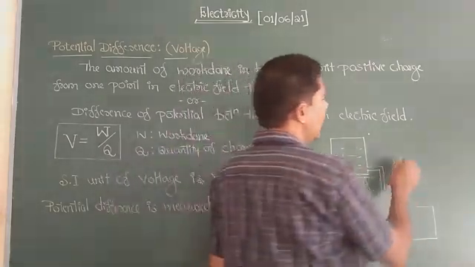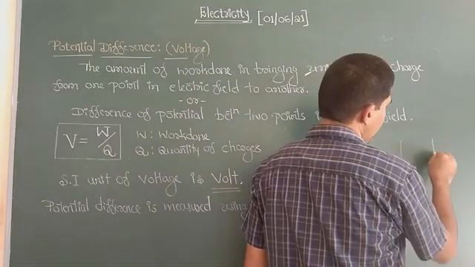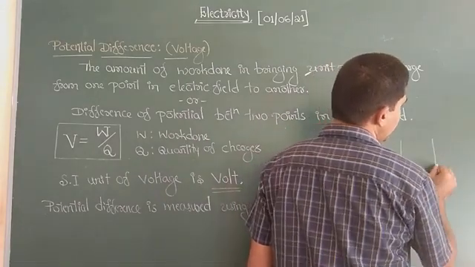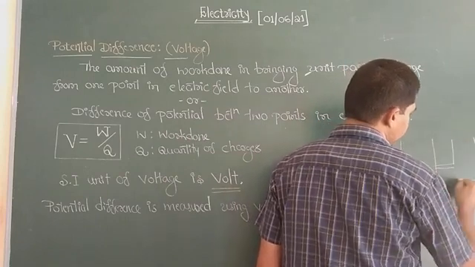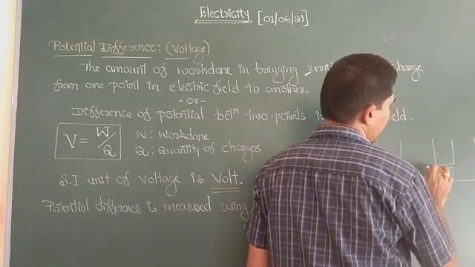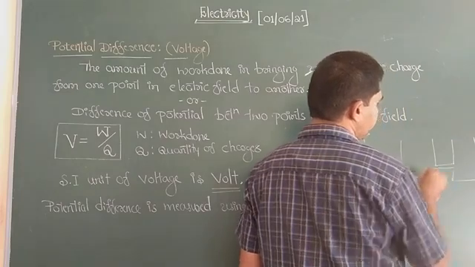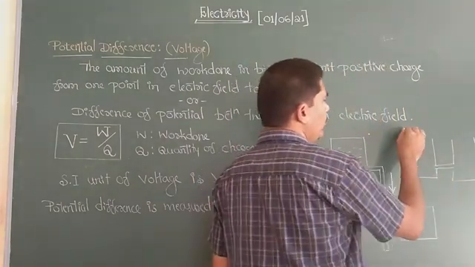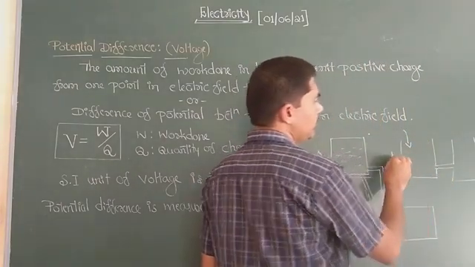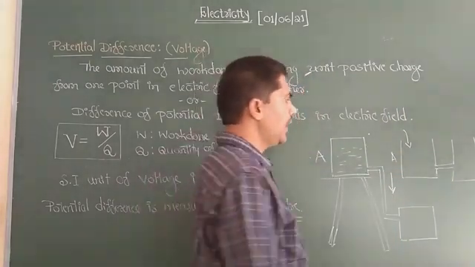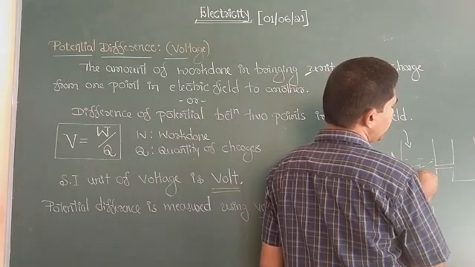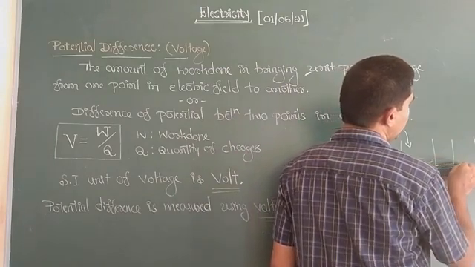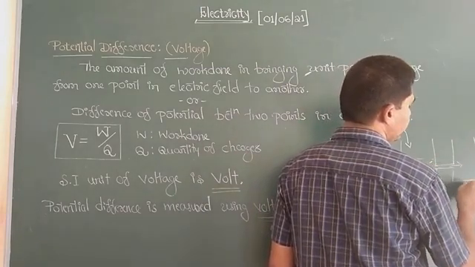Or we shall take another simple example. Let us imagine there are two tanks kept at the same height, interconnected. Now, when we pour water in the first tank, gradually the level of water rises and reaches the second tank.